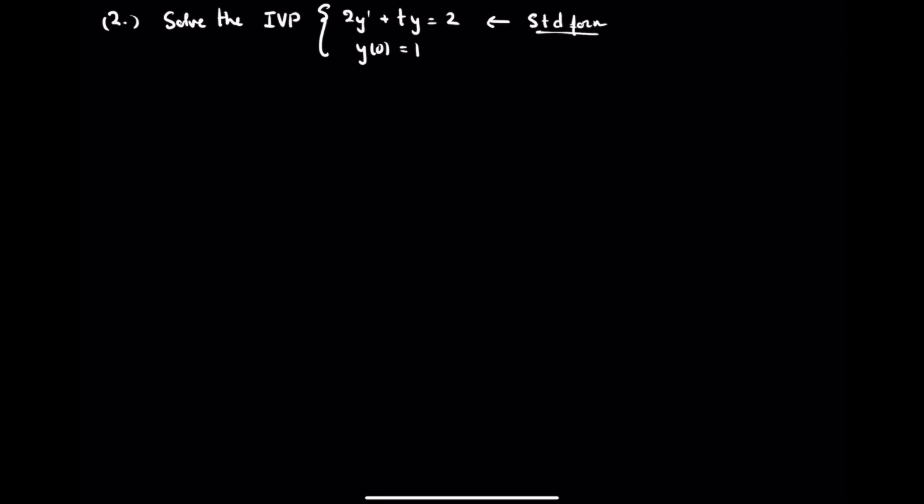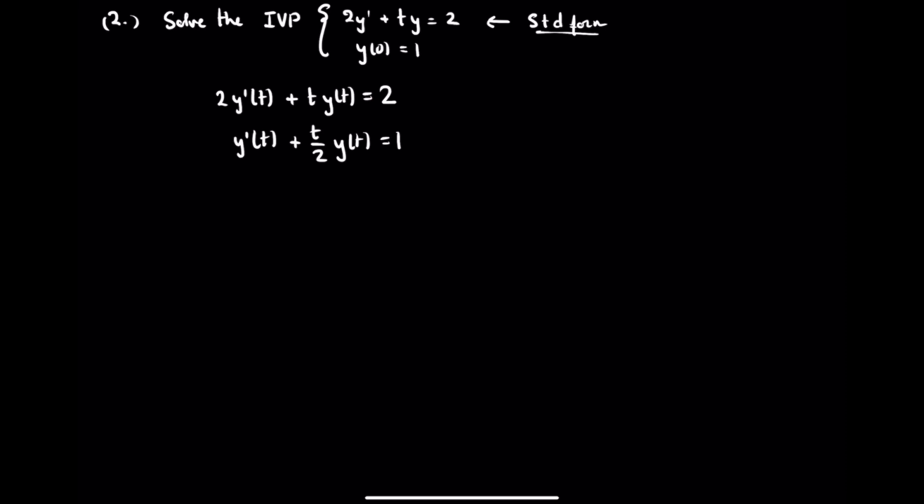So let's divide. Let me rewrite this to make it more clear: y is always with respect to t. And so now y prime of t plus t over 2 y(t) equals 1.